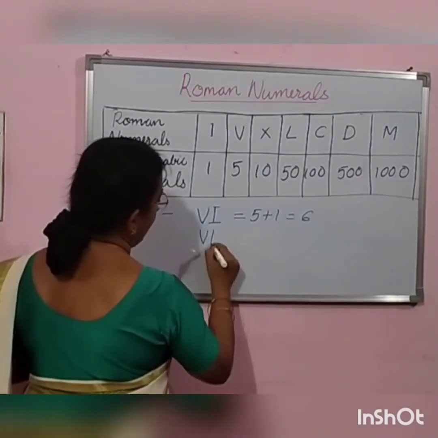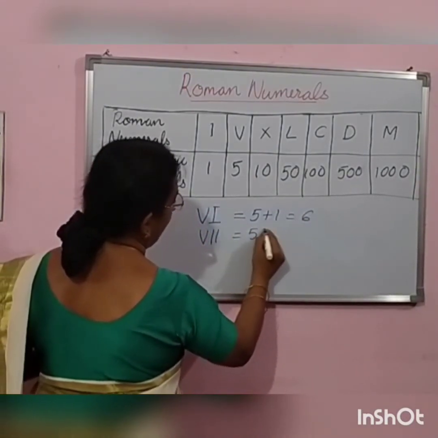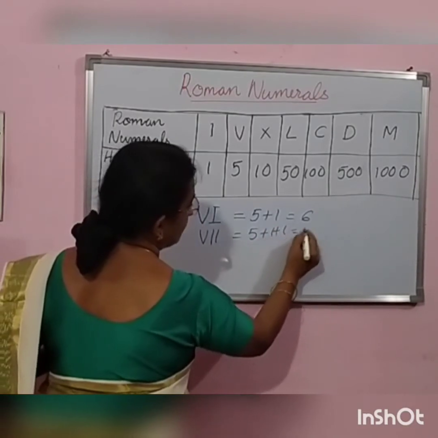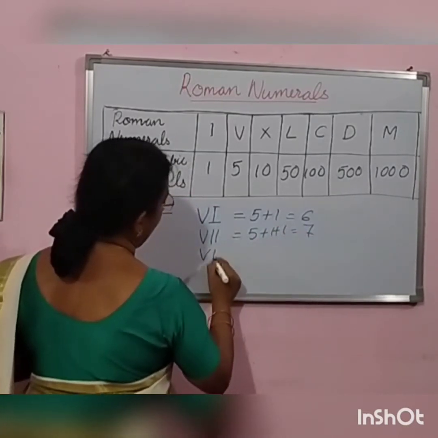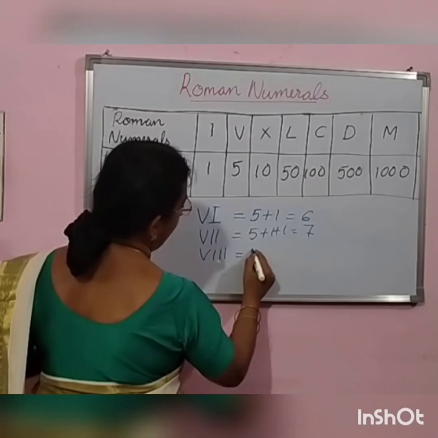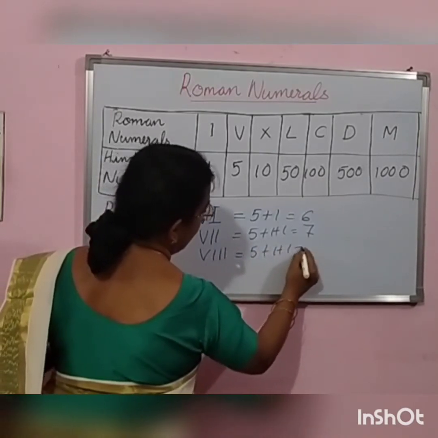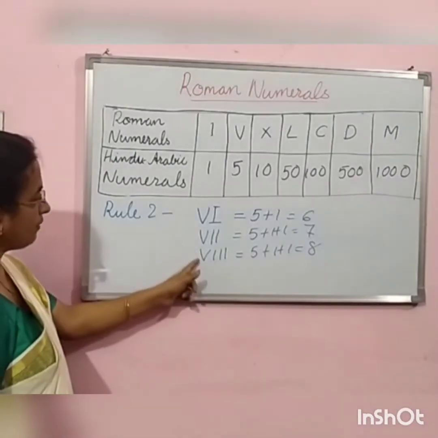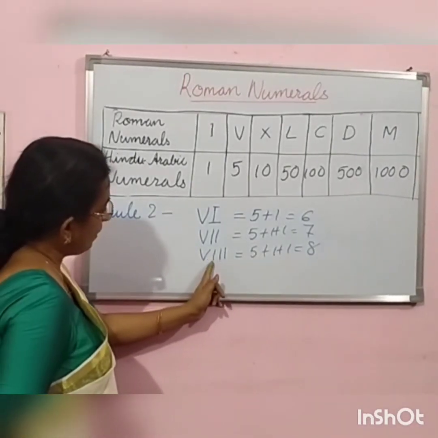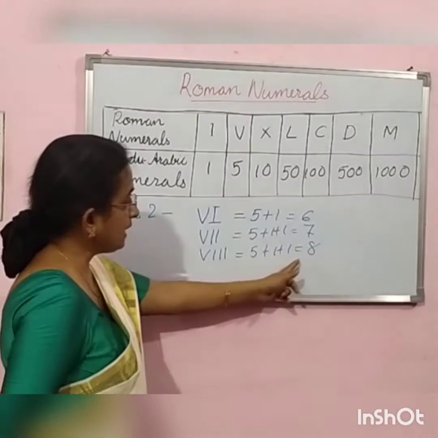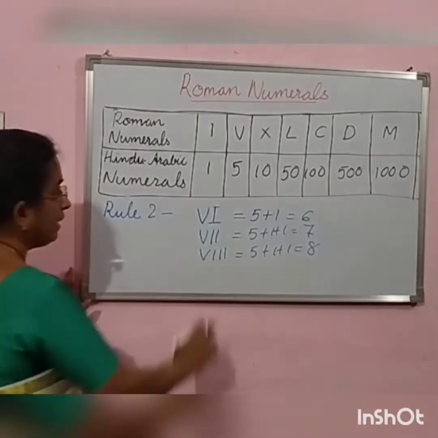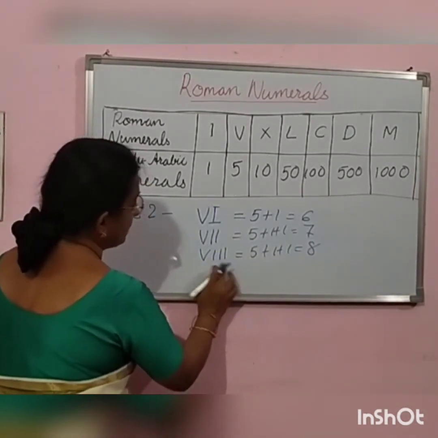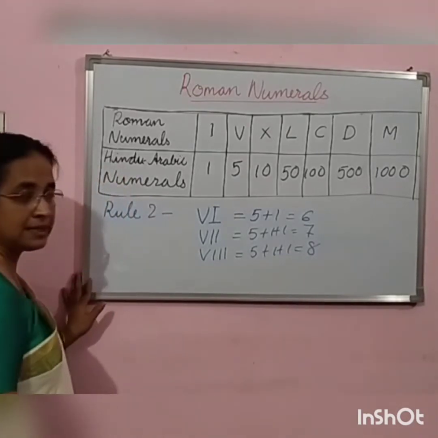Then VII is 5 plus 1 plus 1, which is 7. Then VIII is 5 plus 1 plus 1 plus 1 equal to 8. When the smaller one is added to the right side, then it is increased.